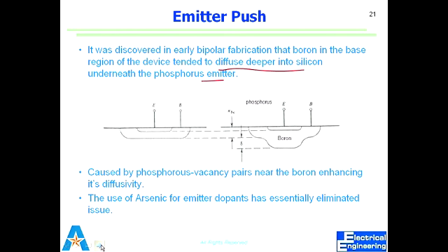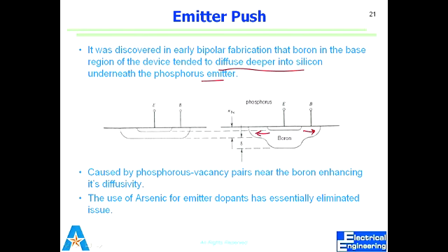So, emitter push. The emitter is part of a bipolar junction transistor. We have been looking at source and drains, which are MOSFETs, but in a BJT there's a part called the emitter. It was seen that if you have an emitter, then the dopant goes further away from its intended region.